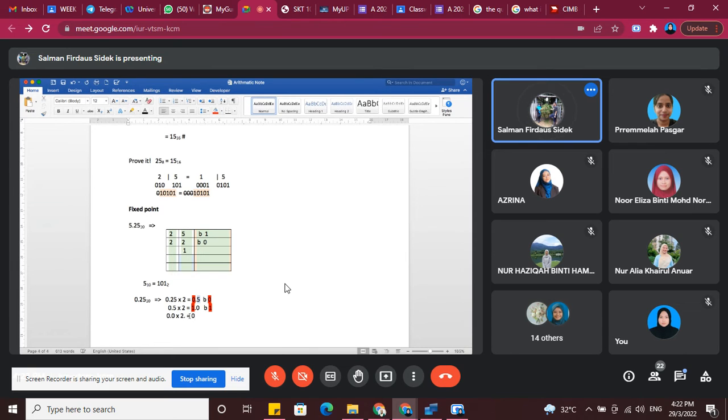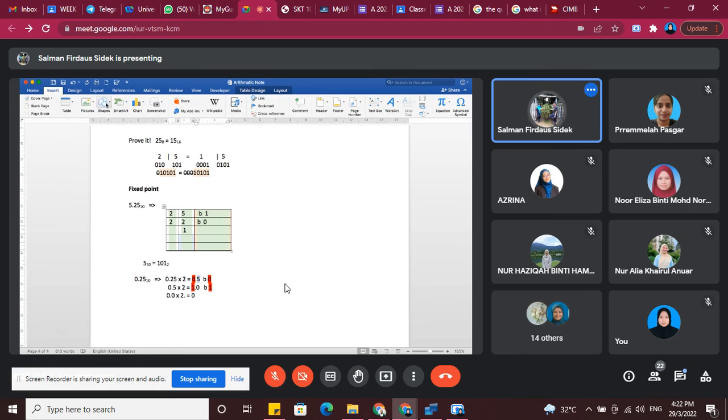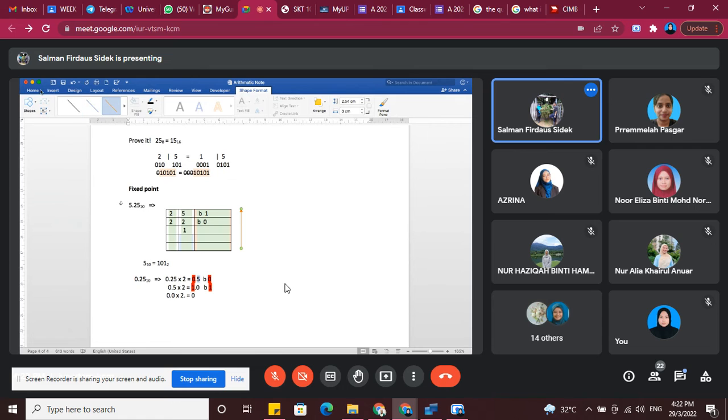So 0.25, we read the balance from top to bottom. This one is from top to bottom.